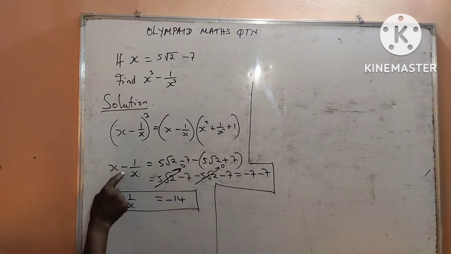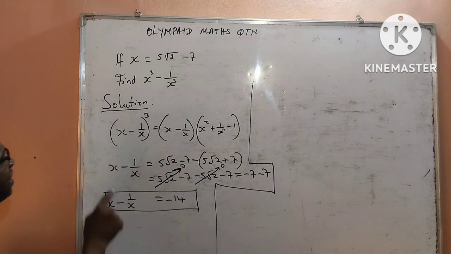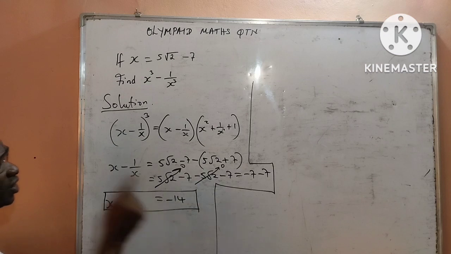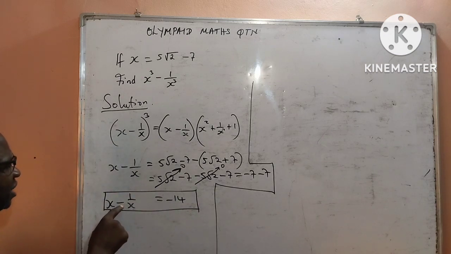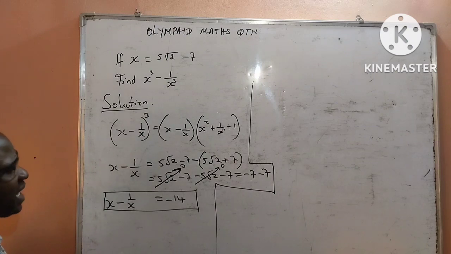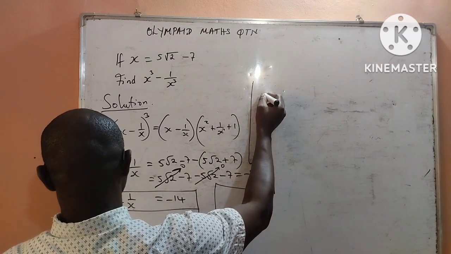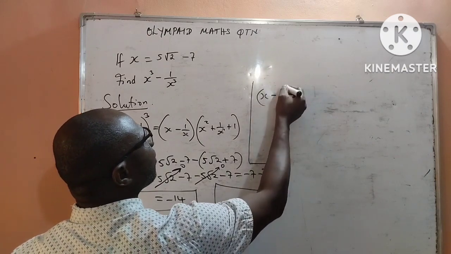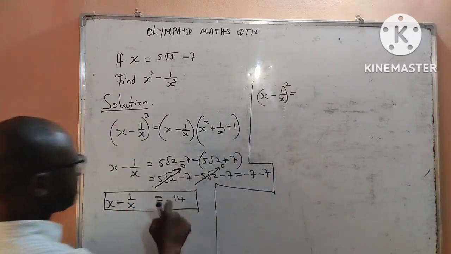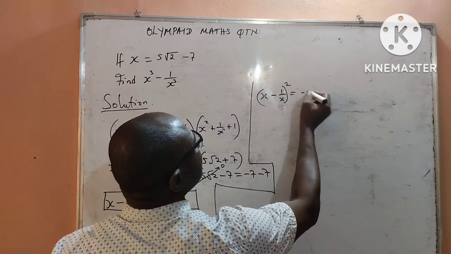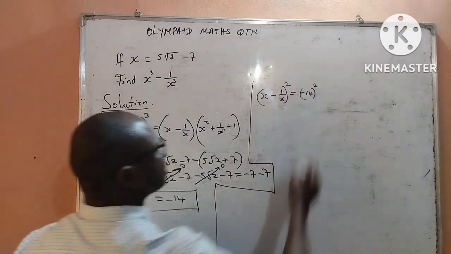From here, where I evaluated x minus 1 all over x, I got my result as negative 14. Permit me to square the left hand side, that is x minus 1 all over x, and also square the right hand side, which is minus 14 squared.